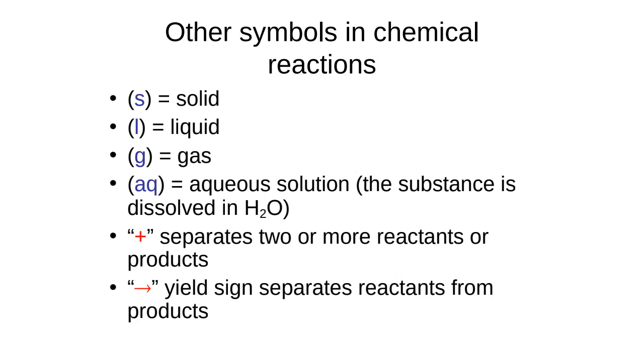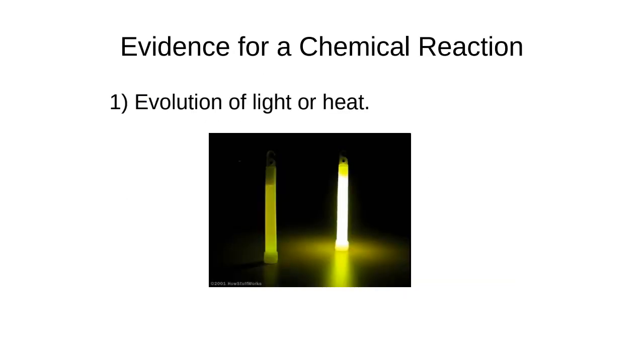So based on these states, we can symbolize them as S for solid, L for liquid, G for gases, and AQ for aqueous solutions. Okay, and when you have more than one reactant, then you have to separate them with a plus sign. Okay, and then at last the product and reactants are separated by an arrow, and this sign is also called yield.